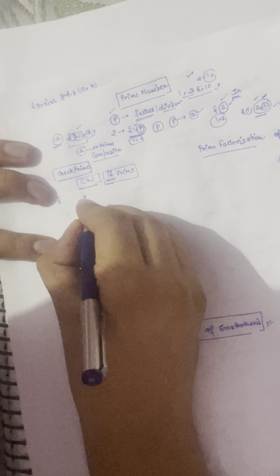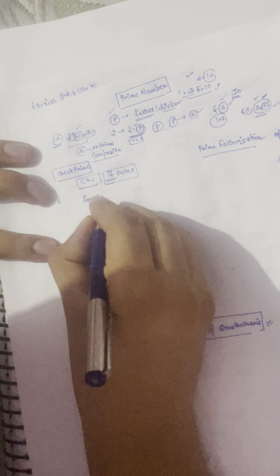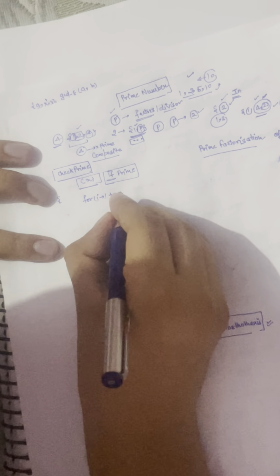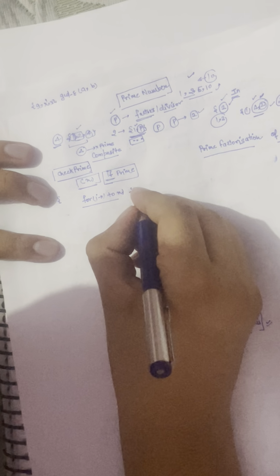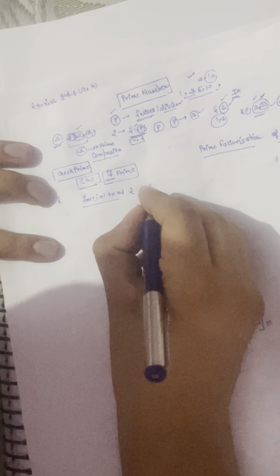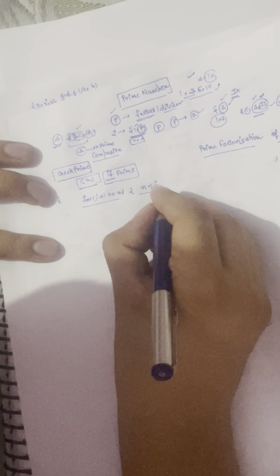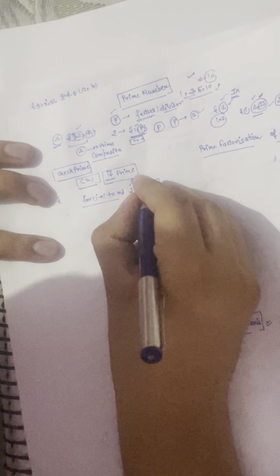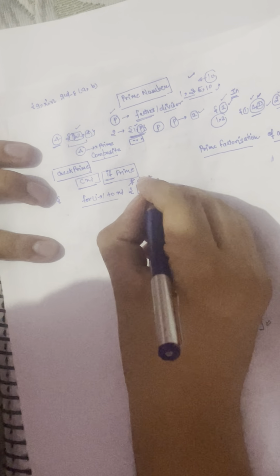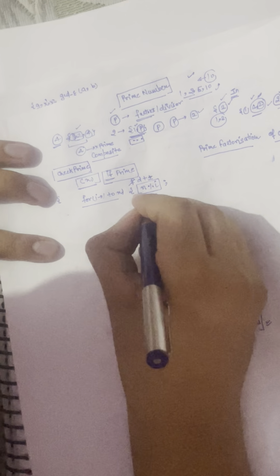In the brute force approach, we would be iterating from i equal to 1 to n, the actual number, and checking if the number has a factor. If it has a factor, we would be counting the divisors, so we would be adding to the count. If this is a divisor, then we would be incrementing our count.